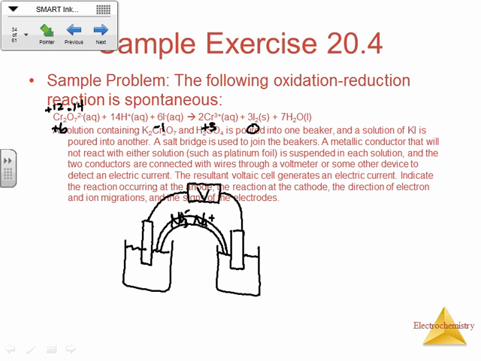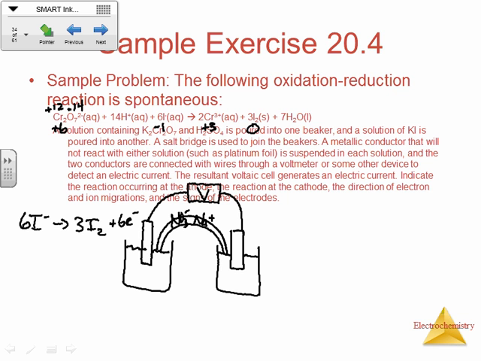Okay, so 6I- going to 3I2. Okay, and then we need to put something on here to balance out the charges, right? We need to put 6 electrons on this side. So basically we're just writing the oxidation half reaction here, okay? So that's happening on this side, okay?